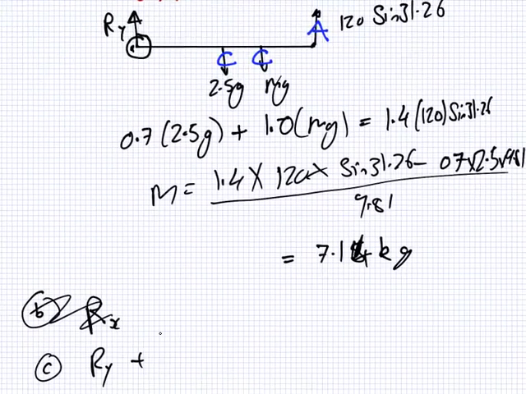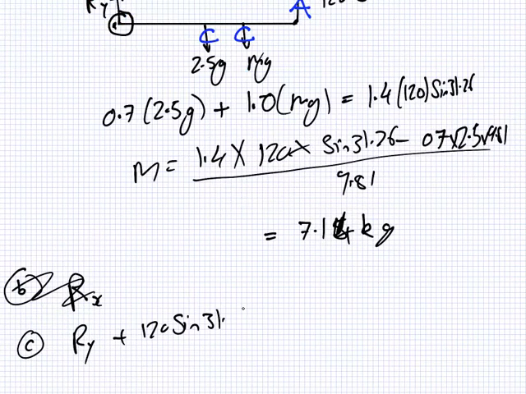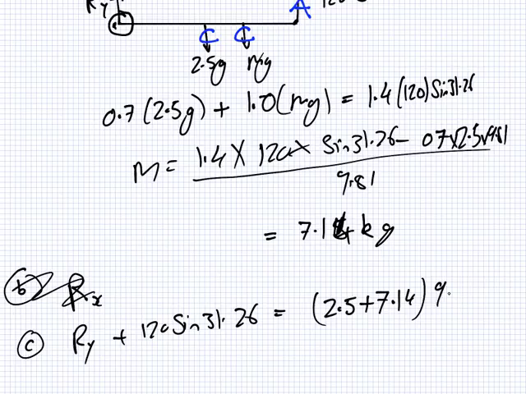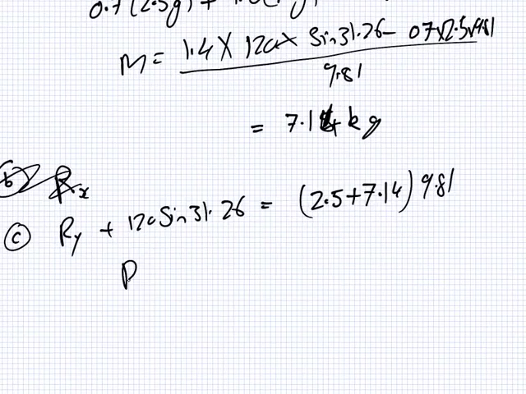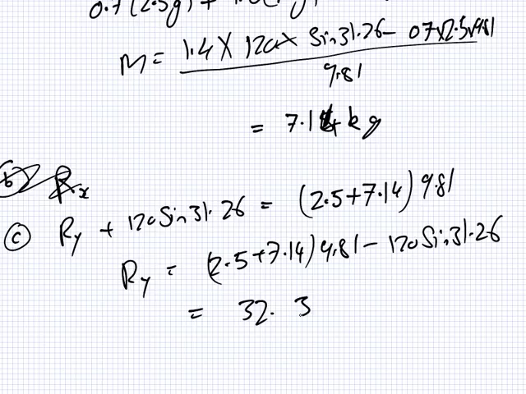So the RY plus 120 sine 31.26 should equal 2.5 plus 7.14 g. So then I can get the RY equals 2.5 plus 7.14 times 9.81 minus 120 sine 31.26. What do we have for the RY here? 32.3 newtons.